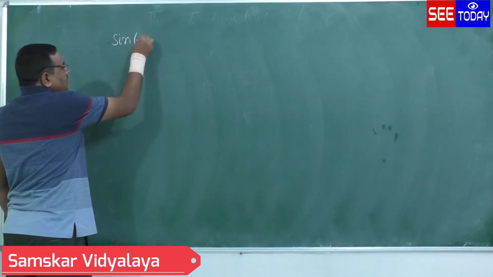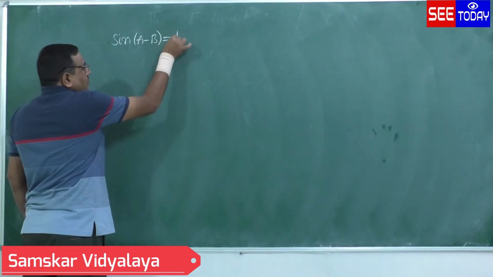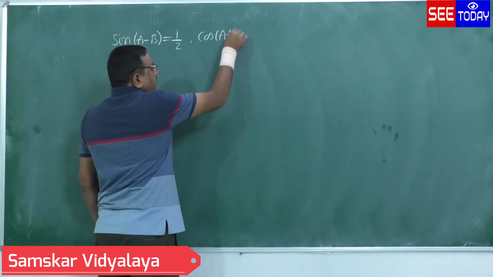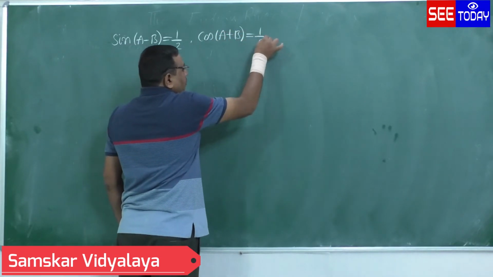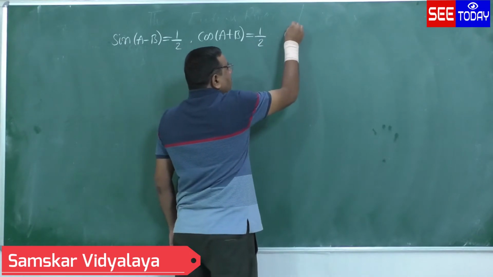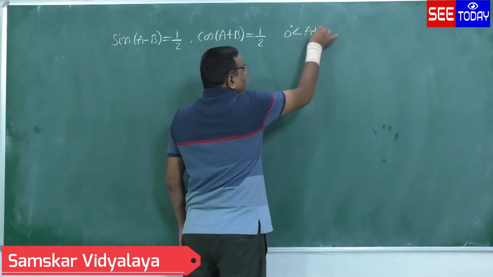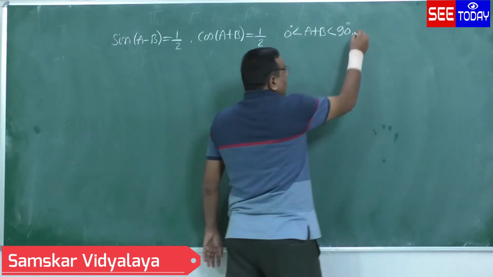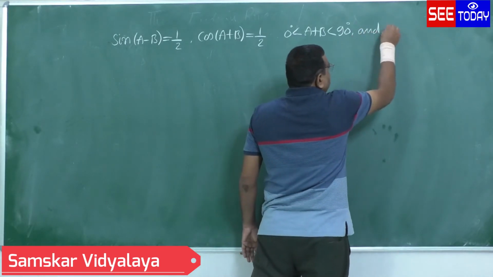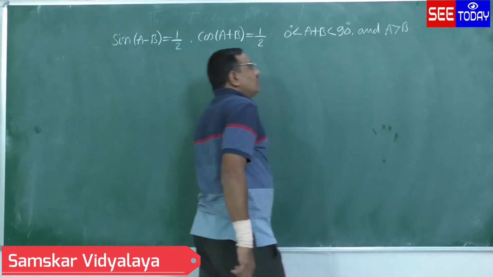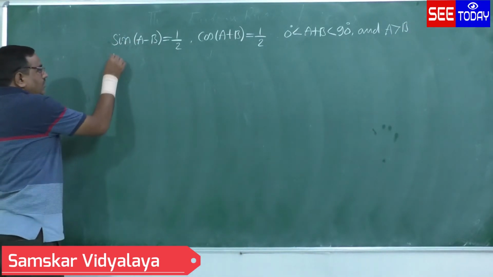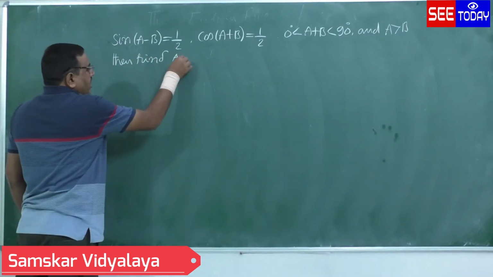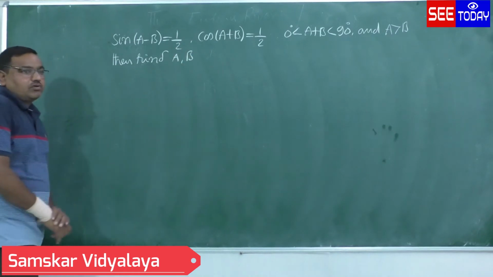If sin of A minus B is equal to 1 by 2, cos of A plus B is equal to 1 by 2, 0 degrees less than A plus B less than 90 degrees and A is greater than B, then find A, B.